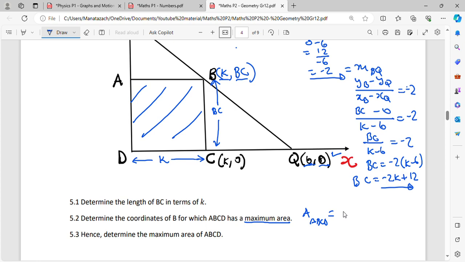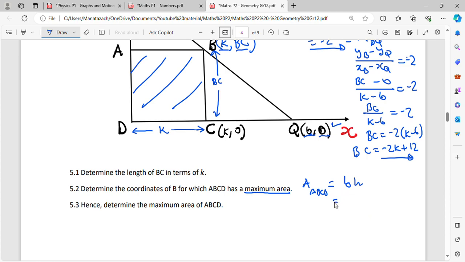Let's calculate the area. It's base times height, so our base is K, our height is BC. Since we've already worked out BC in terms of K, we'll just replace BC by minus 2K plus 12.